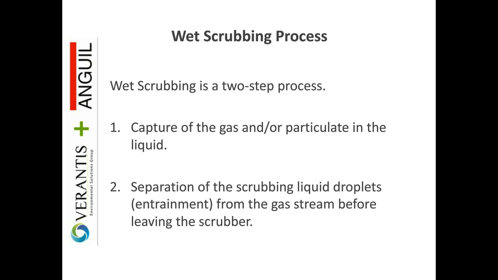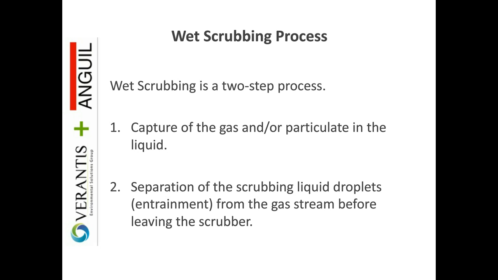So wet scrubbing is obviously a very simple concept, but we wanted to emphasize there are two steps in this process. The step that we all focus on is the capture of the contaminant of interest in the first place, in a packed bed or a venturi throat or wherever it may be.